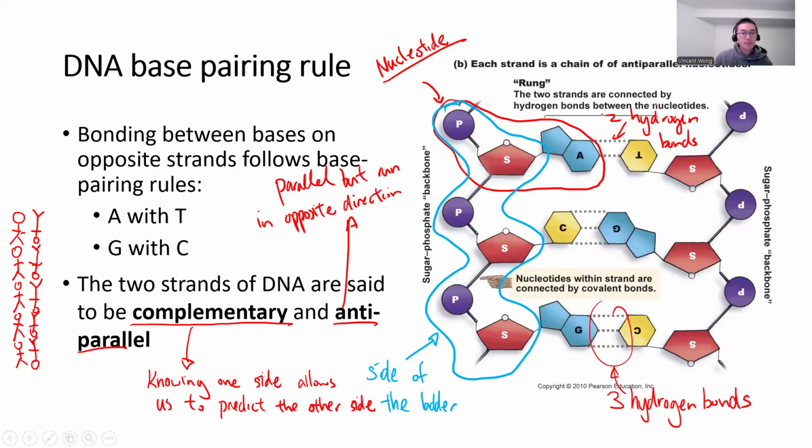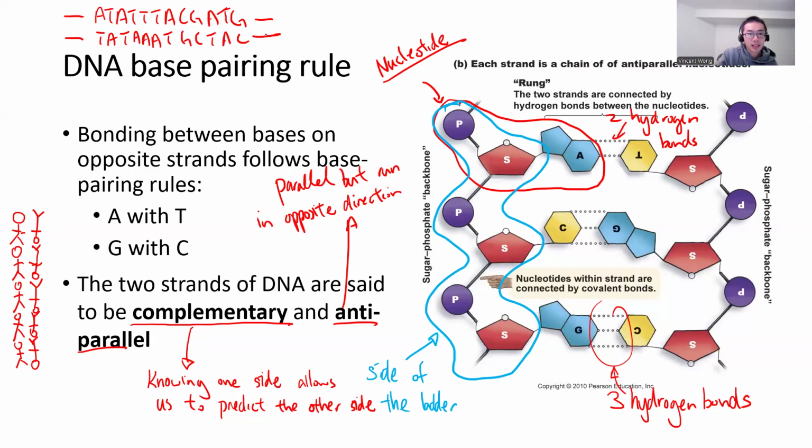So what does that mean, right? Well, it means if you have a strand with lots of A's and T's in it, like that's one strand, and then on the other side, I can predict the other side using the base pairing rule. You don't have to write this down, okay? Just watch. Right? So that's one strand at the top and another strand at the bottom.